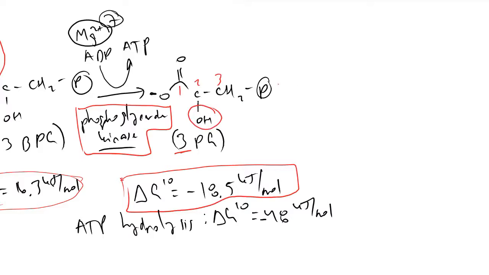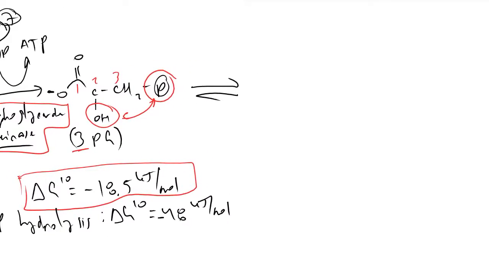So essentially what happens is these two groups will be flipped like so. So if we draw out what's happening here, what we'll find is we'll have the same exact molecule, except these two locations will now be changed. So this carbon will now be bonded to a hydroxy group, carbon 3, and carbon 2 will now have the phosphate group.